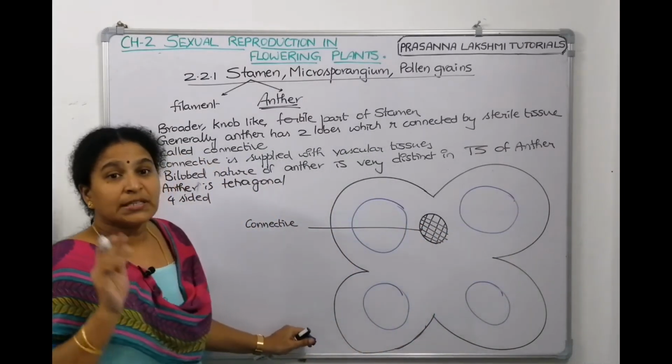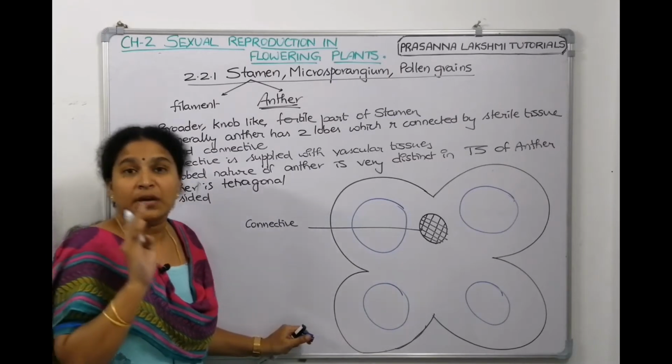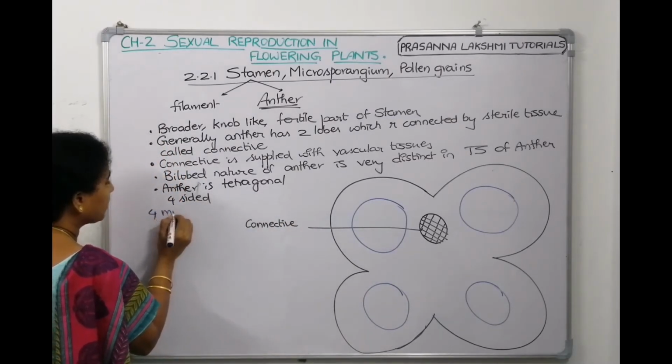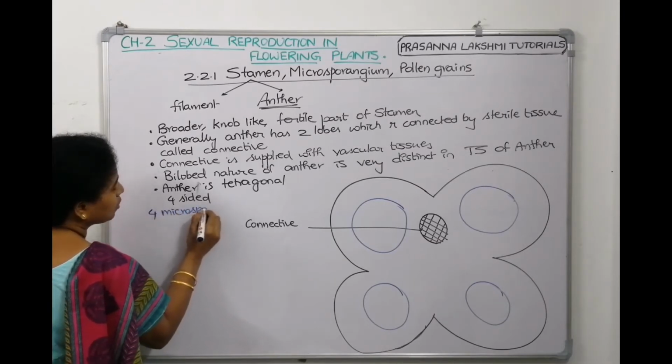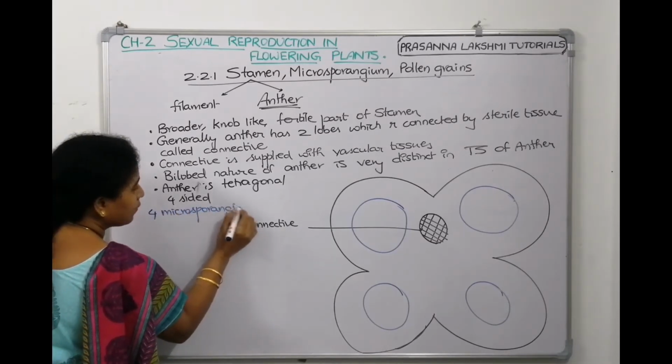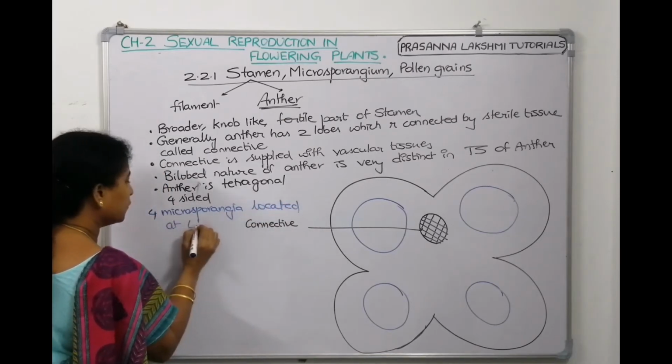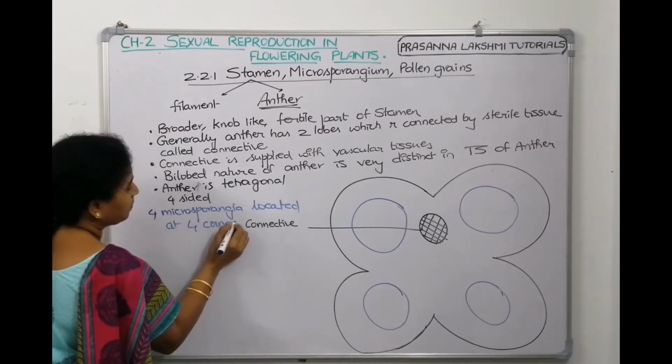So the anther is having 4 microsporangia located at the 4 corners.